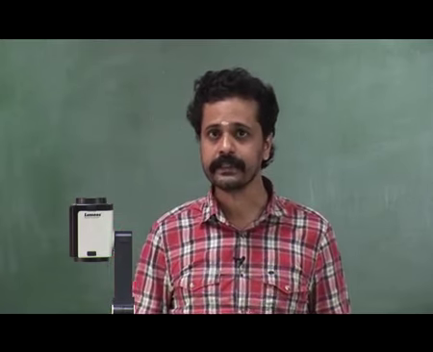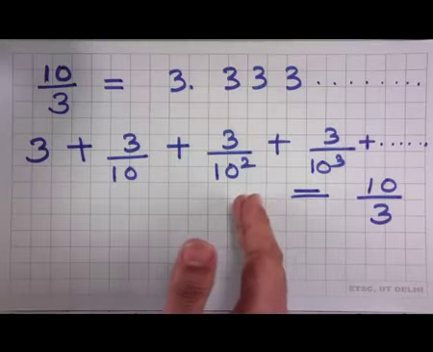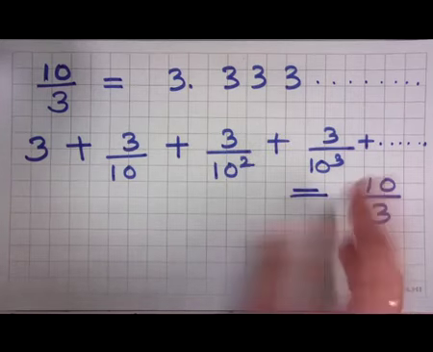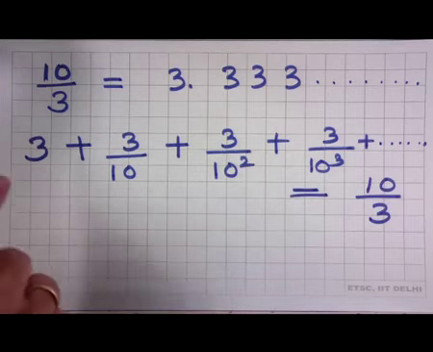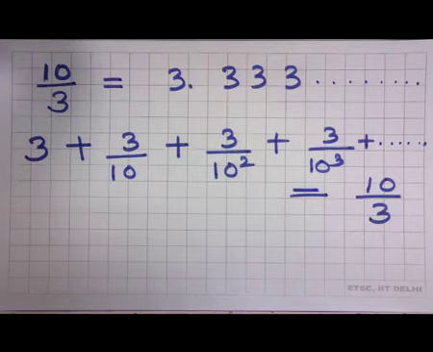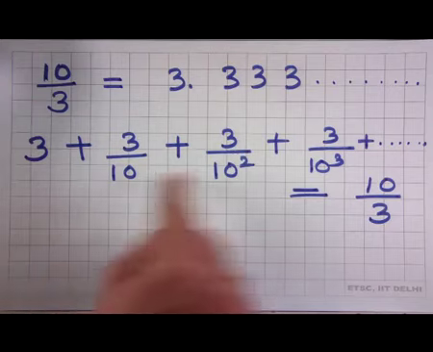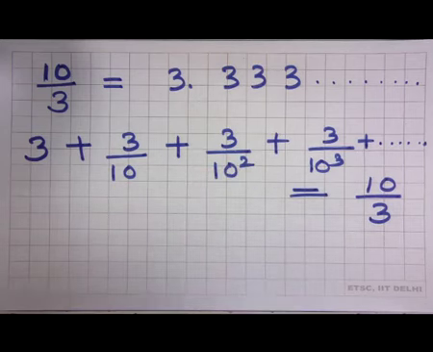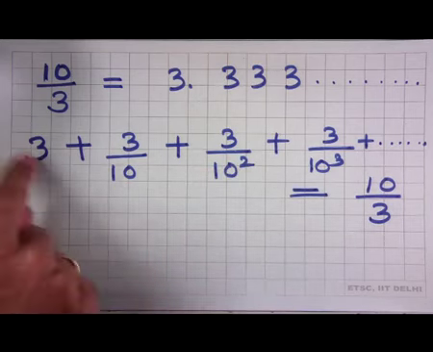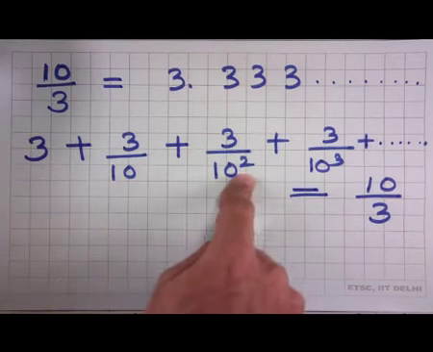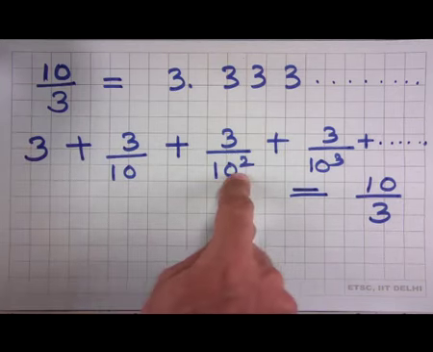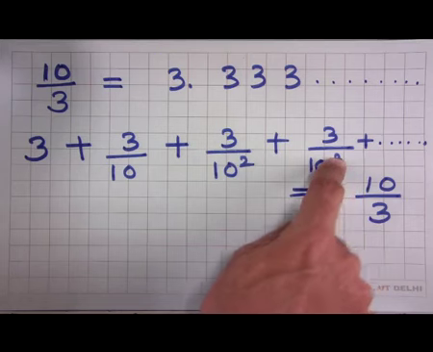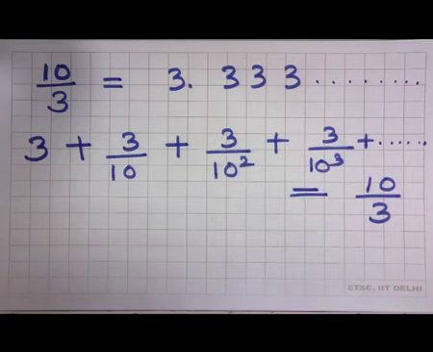And a natural question here is the following. If we increase number of summands, that is, instead of dealing with 3 plus 3 by 10, if we deal with 3 plus 3 by 10 plus 3 by 10 square, suppose we deal with 3 plus 3 by 10 plus 3 by 10 square plus 3 by 10 cube, 4 terms, and so on.